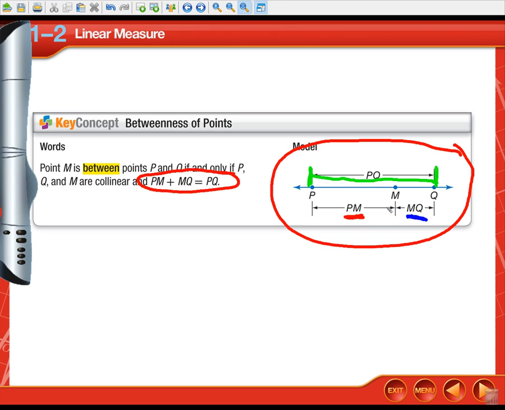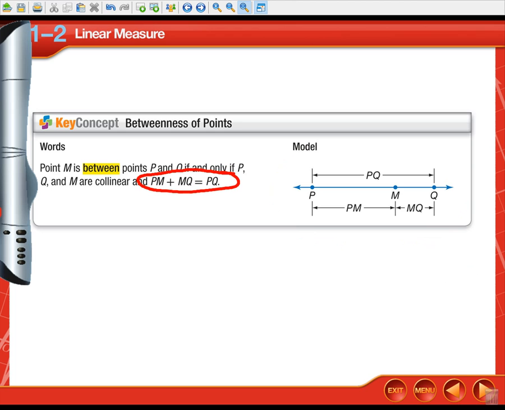Since both of these segments add up to give us PQ, we can say that PM plus MQ is equal to PQ.